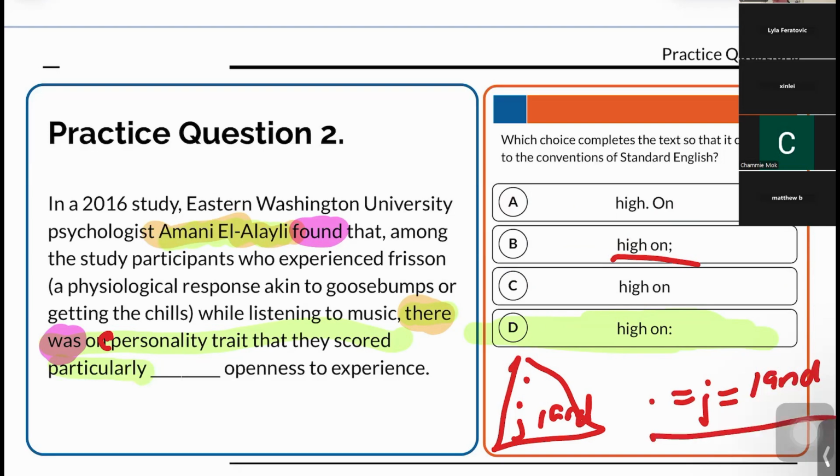So just a little reminder: if you see a period and a semicolon and a comma conjunction, and they happen in the same place, according to the SAT those are functionally identical, and there's no reason to pick one over the other. So if you see those choices in a multiple choice situation, you can eliminate them.